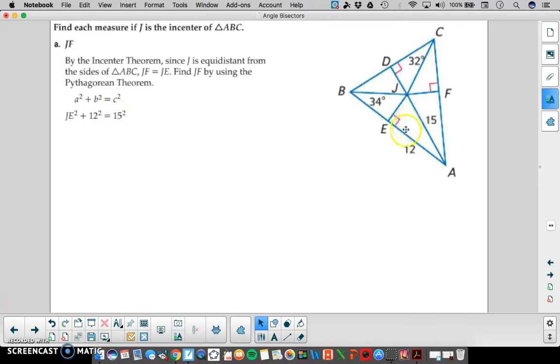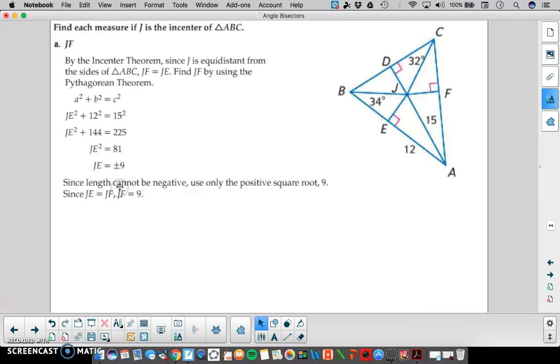I know that 12 is one of the legs and 15 is the hypotenuse, and I'm looking for the other leg of that right triangle. So JE squared plus 12 squared equals 15 squared. Then solving, I get that JE has to be positive or negative 9. But because a length can never be negative, we use only the positive square root, 9. So if JE is 9, then we know JF has to be 9.